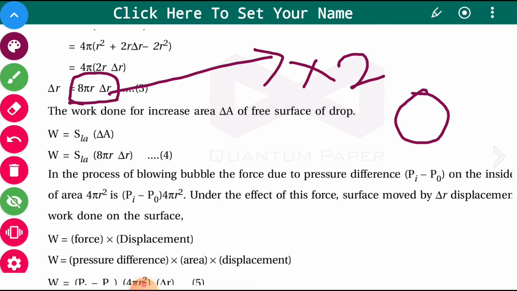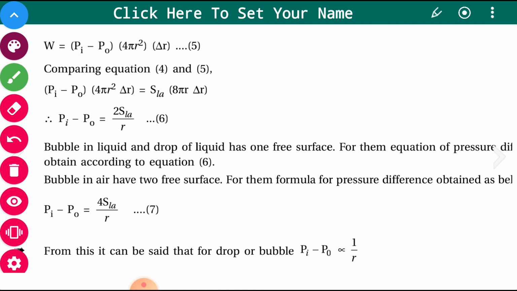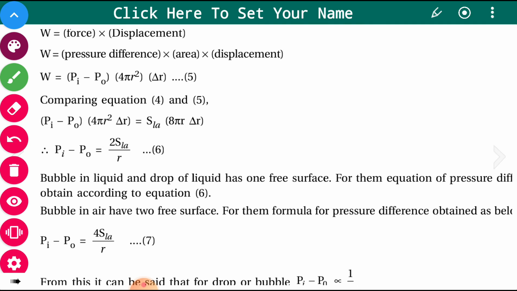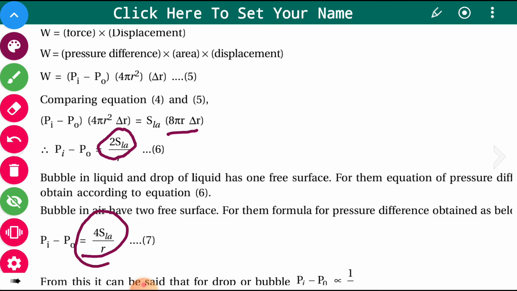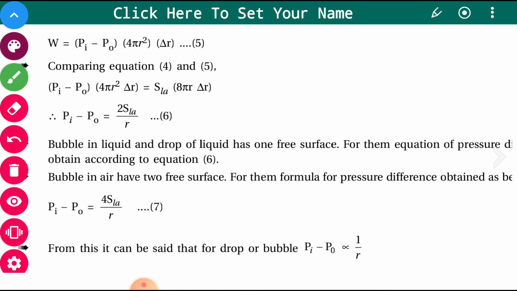So it becomes 16 pi r delta r, and if you substitute 16 pi r delta r in this equation, instead of 2 you will have 4 times surface tension upon radius r.